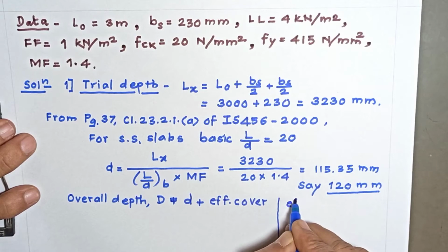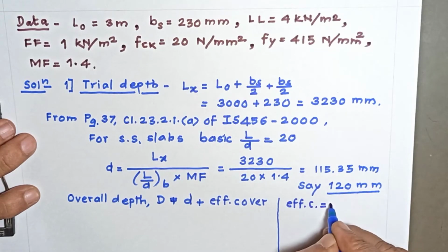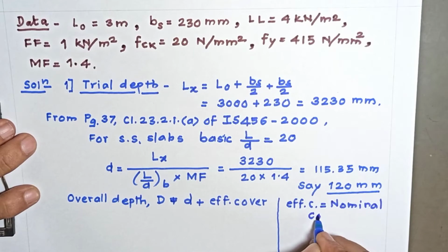Effective cover is equal to nominal cover plus half the diameter of the bar used for reinforcement.